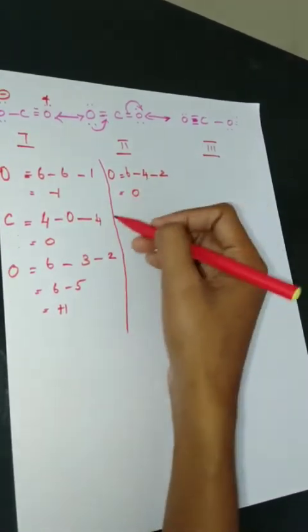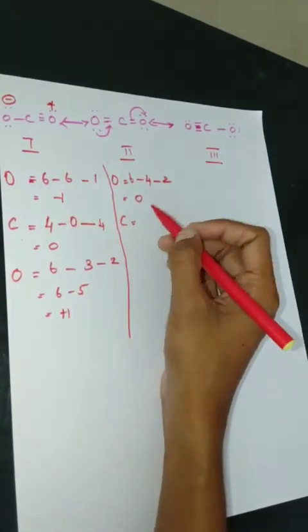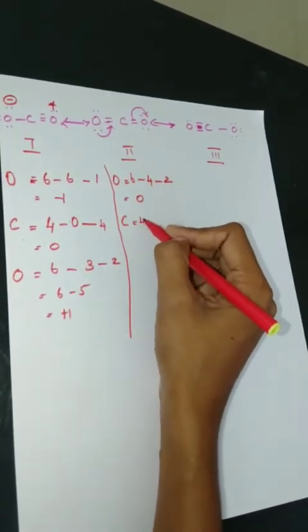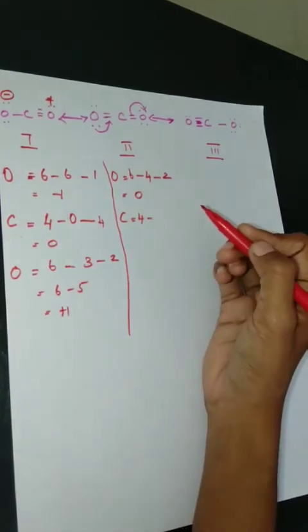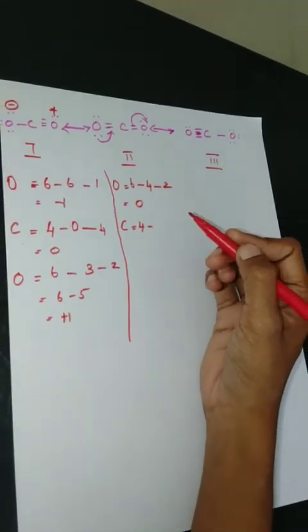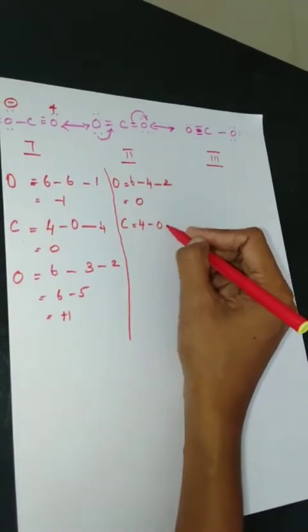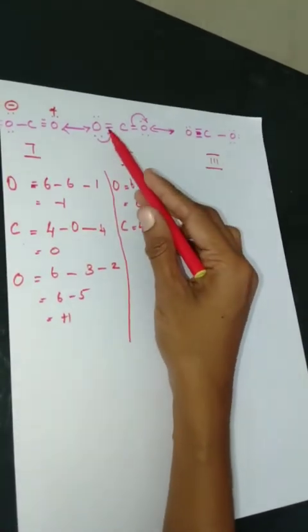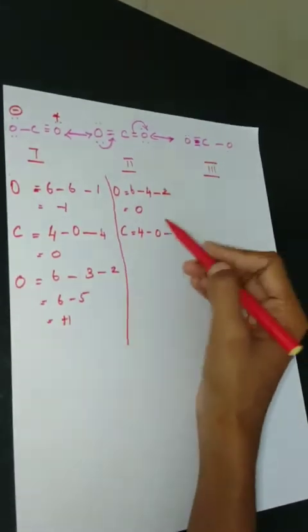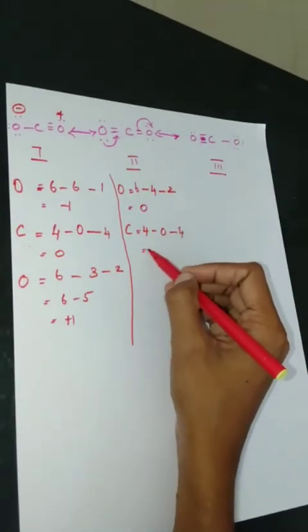So the answer is 0. And for carbon, the valence electrons are 4. Next we check whether there is a lone pair. There is no lone pair. And how many bonds? On the left side 2, on the right side 2. So equal 4. So it is also 0.